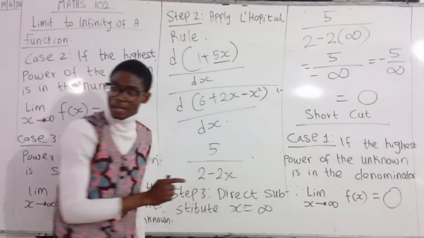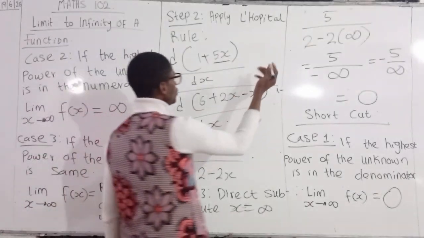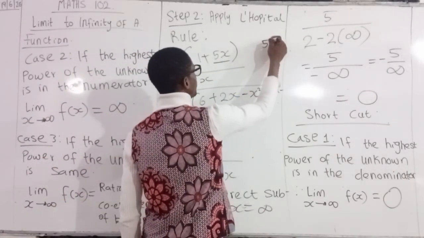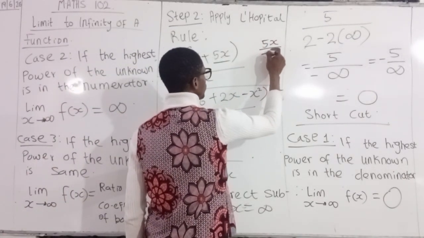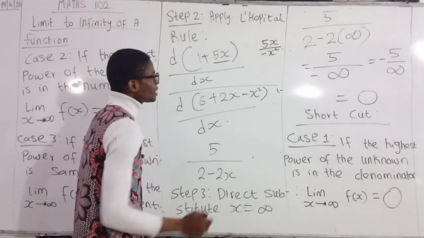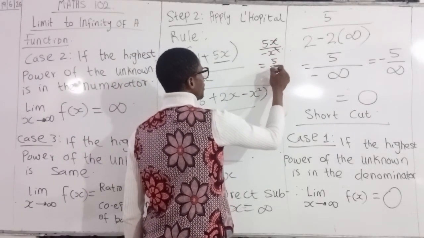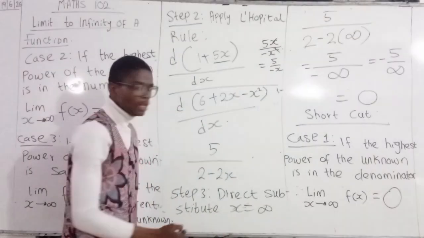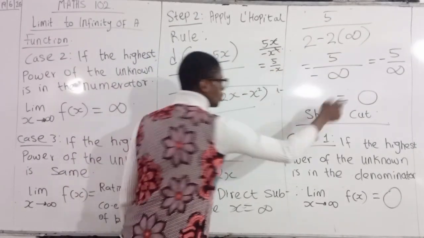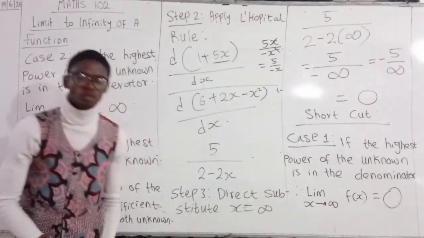Remember the sign. Make it your denominator. So in this case now, I have 5x all over minus x squared. If you break it down, you will still have 5 all over minus x, right? If you substitute infinity here, you still get 0.